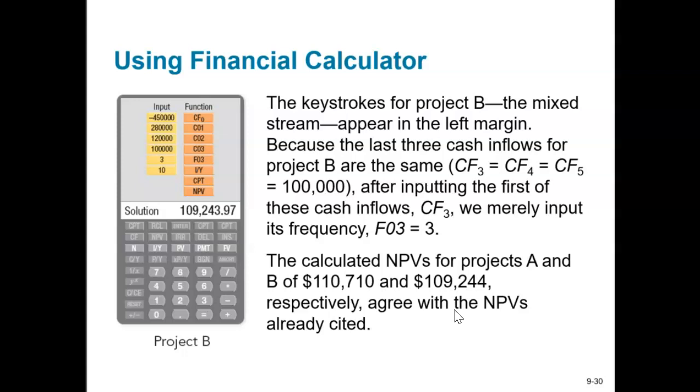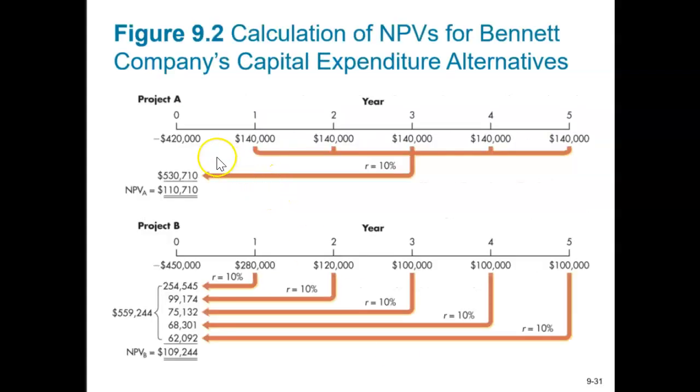If we plot this in the timeline, it will be something like this, project A and project B. Since project A is an annuity, we can directly discount the entire annuity and get the final answer with a quick formula method. But in this case you need to discount each of these cash flows because they are different.